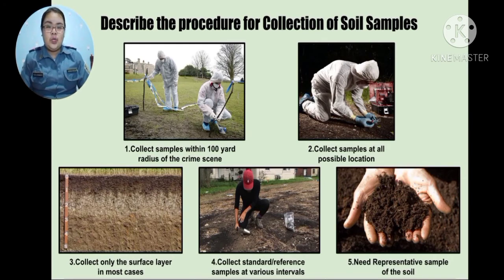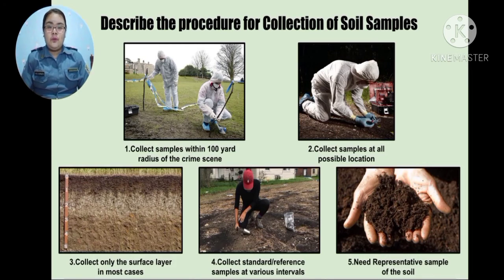Kailangan din daw po natin i-collect yung mga samples doon sa mga possible location na pinuntahan ng suspect. And number 3, collect only the surface layer in most cases. Ang karaniwan daw po sa mga case sa soil ay kinokolekta lang nila yung mga surface layer, or ito po yung ibabaw lang ng soil or ng lupa. Number 4, collect standard reference samples at various intervals.